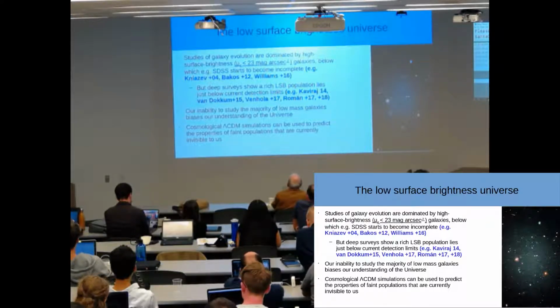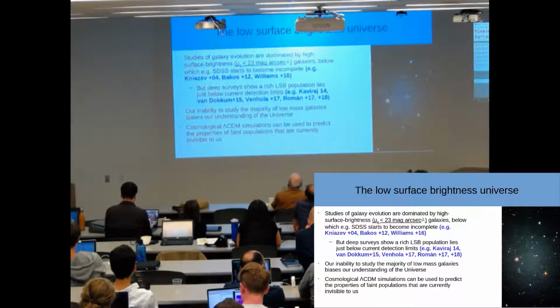The fact that we are unable to observe large statistical samples of these objects means we're biasing our understanding of the universe and of galaxy evolution. One way of looking at this is to use large-scale cosmological lambda CDM simulations to predict properties of these faint populations.